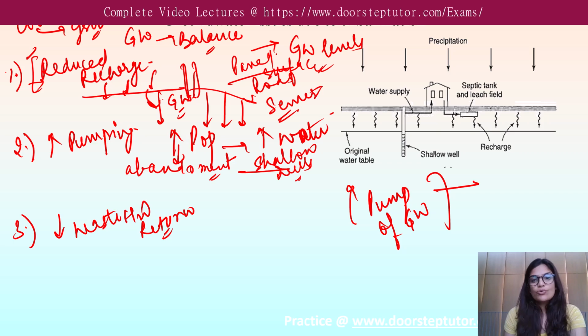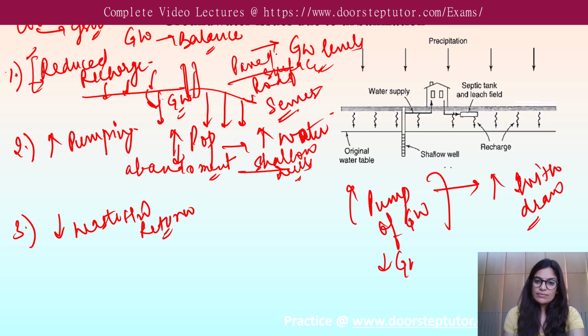So when a large quantity of groundwater is being pumped out on a daily basis, increased withdrawal of water will take place, and this will lead to a decline in groundwater levels. This is a very obvious thing, and we have been facing this issue as well.